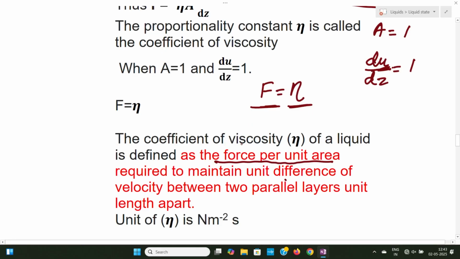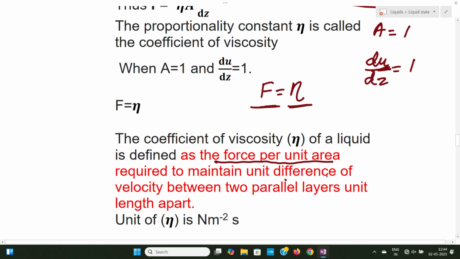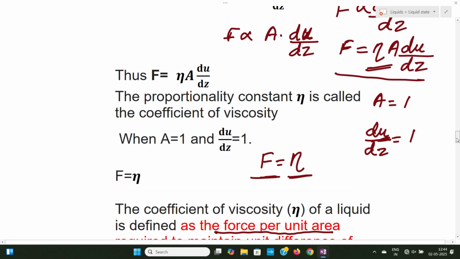I repeat once again, the coefficient of viscosity eta of a liquid is defined as the force per unit area required to maintain unit difference of velocity between two parallel layers unit length apart. That means in the equation F is equal to eta A du by dz, when A is equal to 1 and du by dz is equal to 1, F is equal to eta.